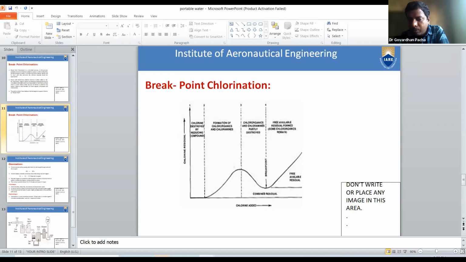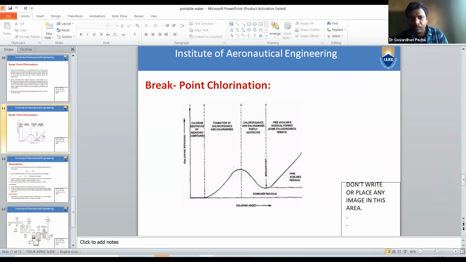That means at that point, free available chlorine appears. So after the 4th point, we see free chlorine. That means at the point where the chlorine has completely destroyed the pathogenic bacteria. So this is what the graph tells us about breakpoint chlorination.